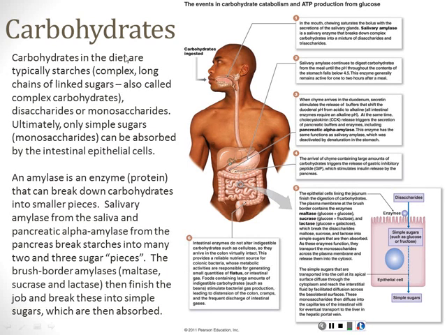All right. So carbohydrates. Most of the carbohydrate in our diet is what we call starches. A starch is a long, usually branching, chain of carbohydrates. In my picture here, each of the circles is a simple sugar. Take glucose, for example.